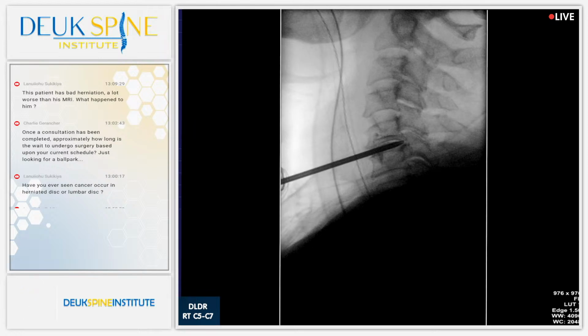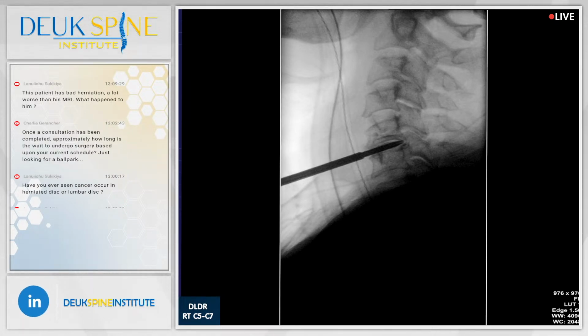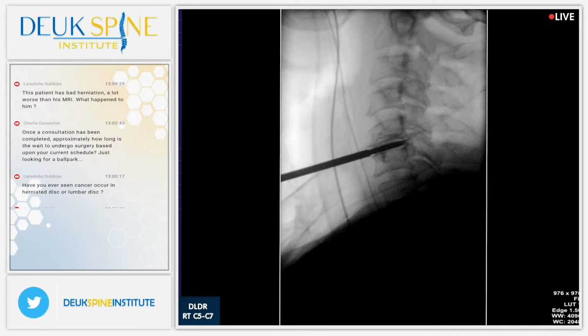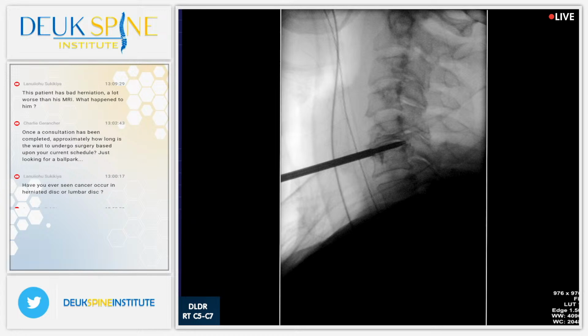Go ahead. Once again, the tube goes down. Shot. We're going to advance this tube. I do need inline through the disc. Little inline traction, little retraction, 1, 2, 3. Shot. Keep the shots going, not cine, but frequent.